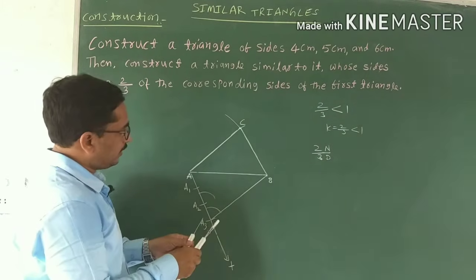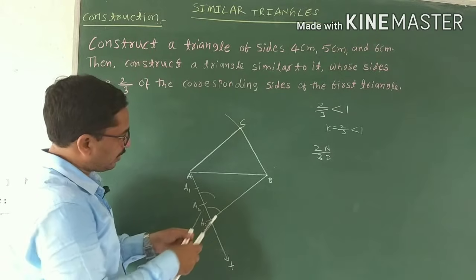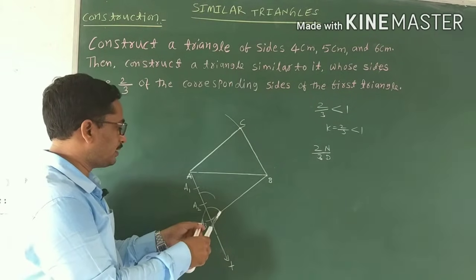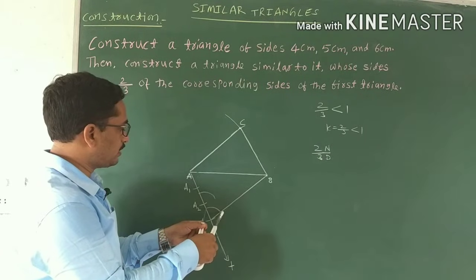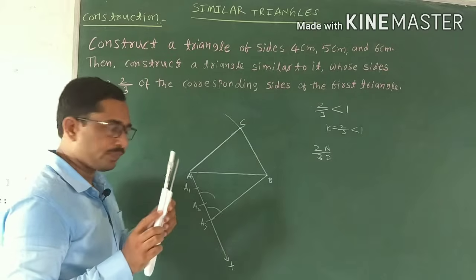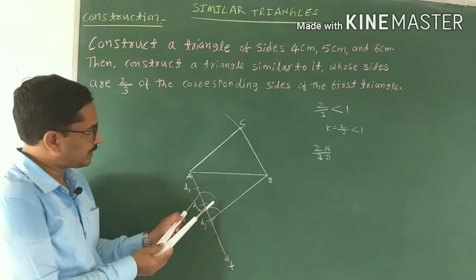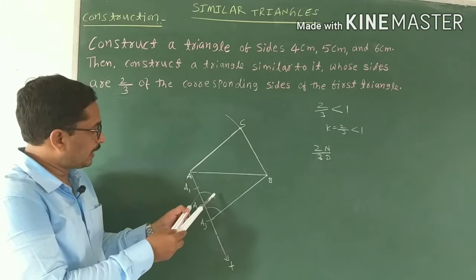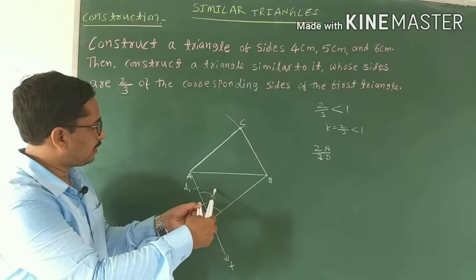Now, take the length of the arc which is drawn from A3. This is the length of the arc. Now, by taking the center at the arc which is drawn from A2, cut this arc.